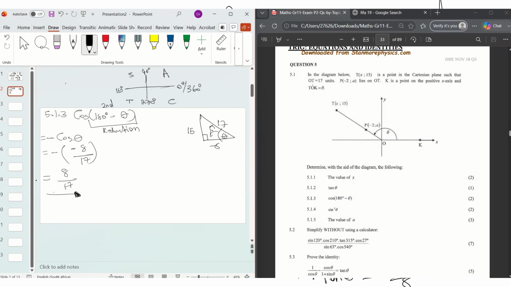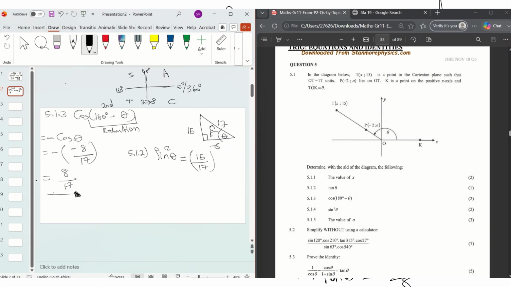Okay. And then 5.1.2. What is sine squared theta? First start with sine. What is sine theta there? Sine theta there will be 15 over 17. But now it has been squared, okay?